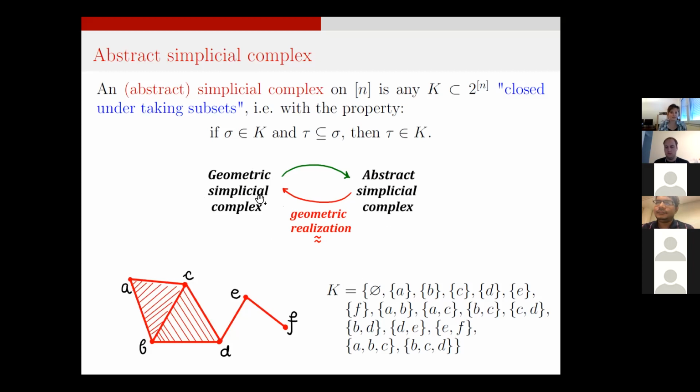And good for us, any 2 geometric realizations are homeomorphic. So for somebody who looks at them, it's something like the same, let's say. So further, we will not mention whether it is geometric or abstract because it doesn't matter for us. So these 2 correspond to each other.